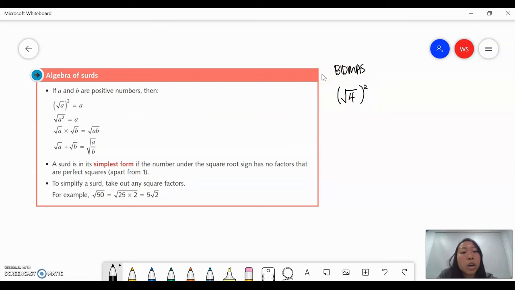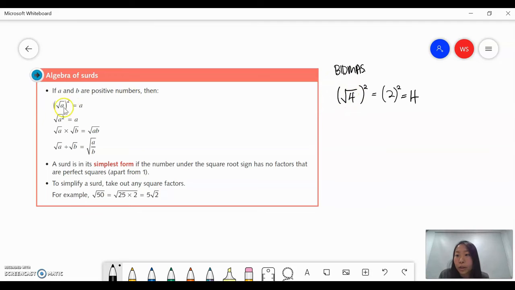Because that's B. So when you have a square root of 4, that's a perfect square that you're square rooting, you will get 2 on the inside, right? So inside of the brackets, 2, followed by your square. Right, so as you simplify that, you can see that 2 squared just basically means 4. Okay, so it's the same thing in terms of what you have, the perfect square of 4 in there.